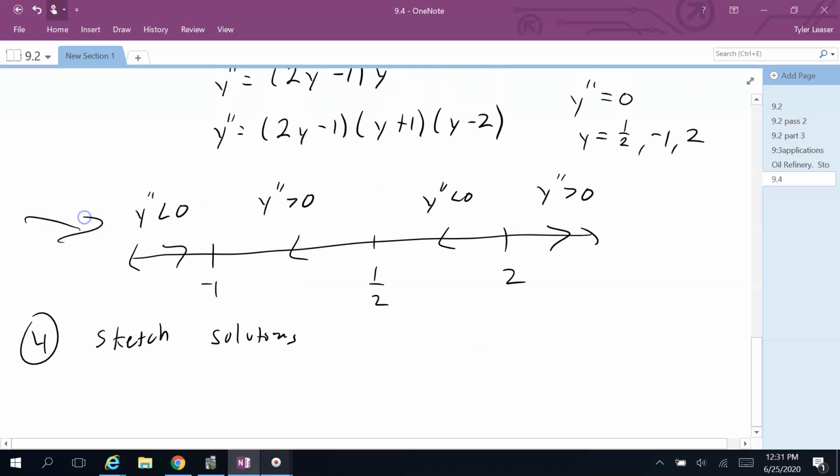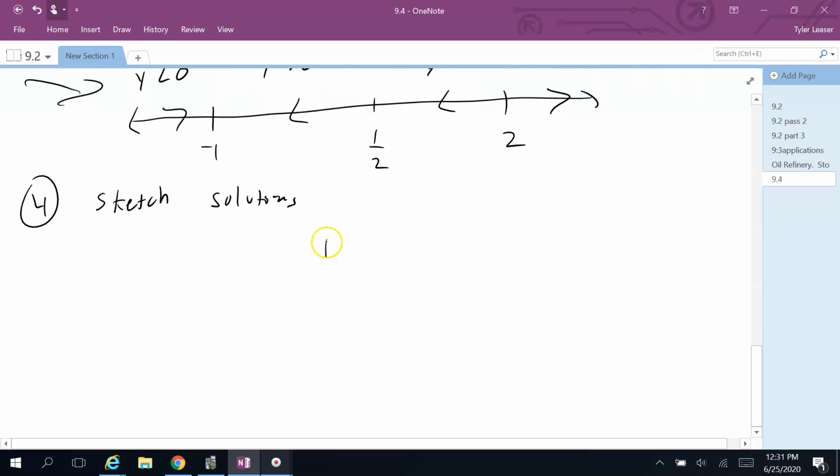This is what we call the phase line. But with this phase line, I can actually graph what potential solutions are going to look like. So if I look at the XY axis, I have a couple of interesting locations. Negative 1, 1/2, so if this is 1, then 1/2 is halfway, and 2. At the 2 and the negative 1, these are those equilibrium values.